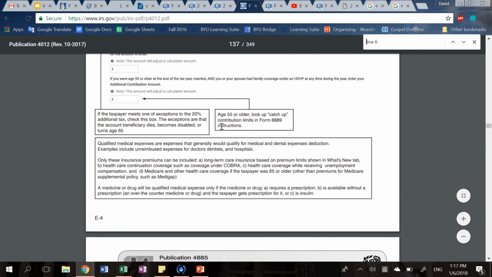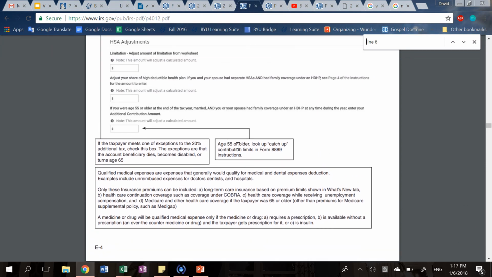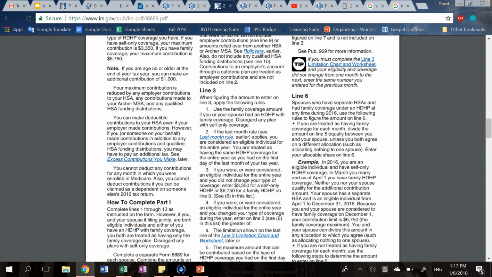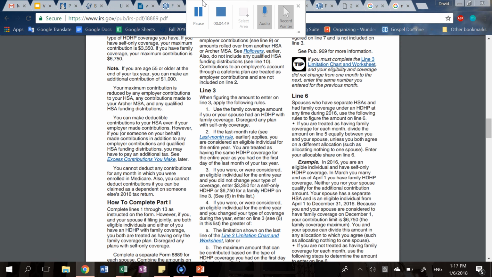Let's try to find that here. Yeah, right here, age 55. This is page E4 on Publication 4012. Age 55 or older, look up catch-up contribution limits in Form 8889. So basically, you can just add an additional $1,000. As you're getting older, you can contribute an additional amount.